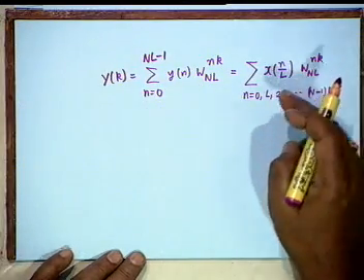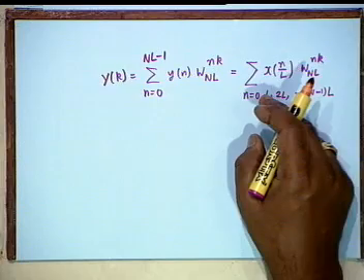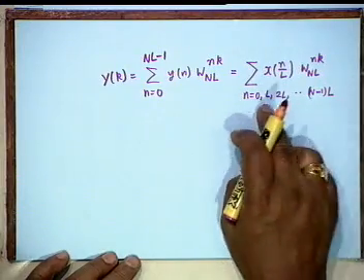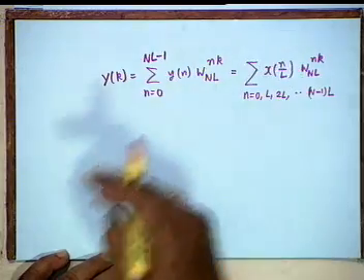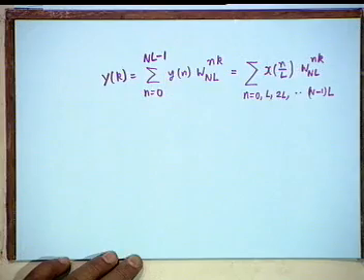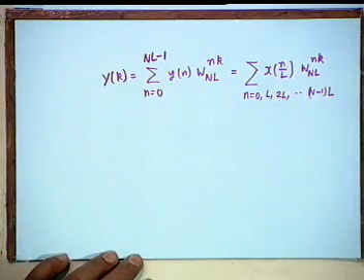And to indicate that y of n exists only for integer arguments, we have included 0, L. We have not said n equal to 0 to NL minus 1, no. And this exists only at 0, L, 2L and so on.